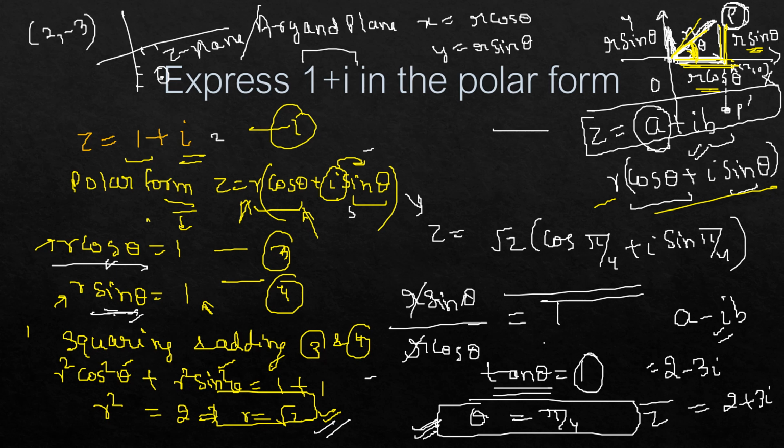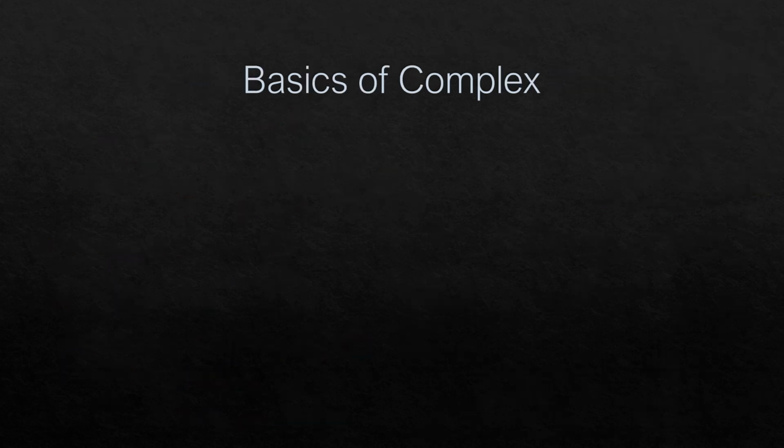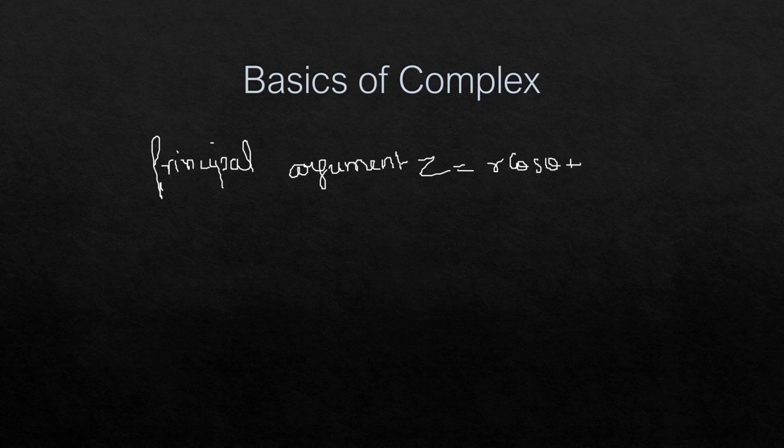Now in basics, one more thing you should understand, which is principal argument. When you have in polar form r cos theta plus r iota sine theta, you can take r common as well. Theta is your amplitude. In our last question, we have simply written down that theta is pi by 4. But do you think that we have trigonometric ratios which are periodic? They repeat their value.